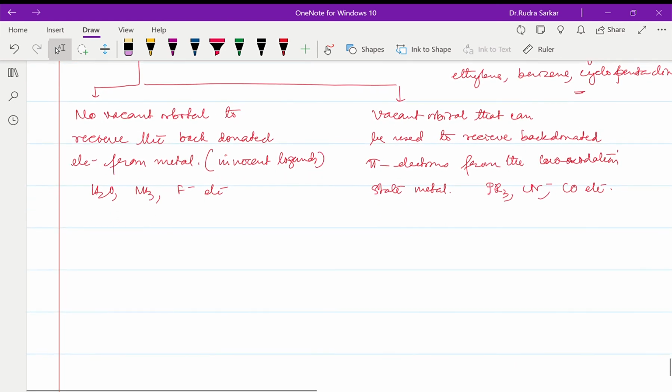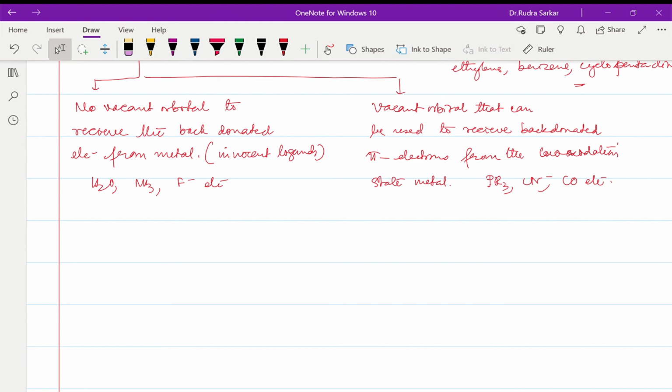Now let's start with the monodentate ligands.